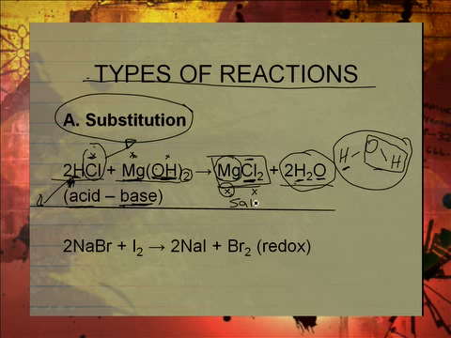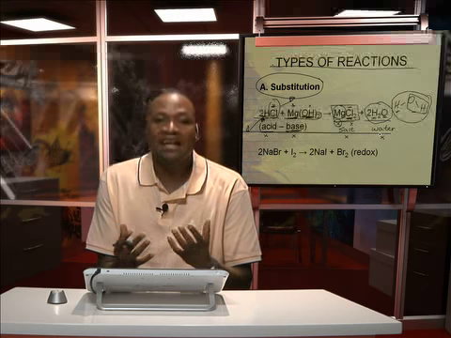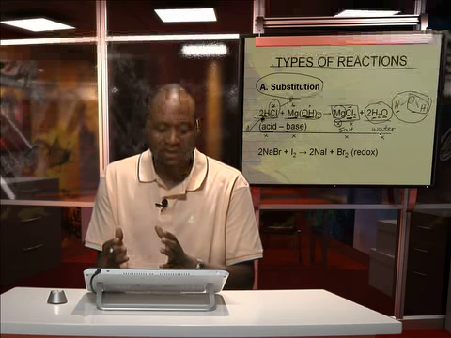Magnesium chloride, scientifically we call that a salt. So we've got a salt produced, and H2O is a water molecule, so there is water. So what does this tell us? It tells us that when we have an acid reacting with a base, we will produce a salt and water. That becomes what we call a general equation for acid-base reactions.